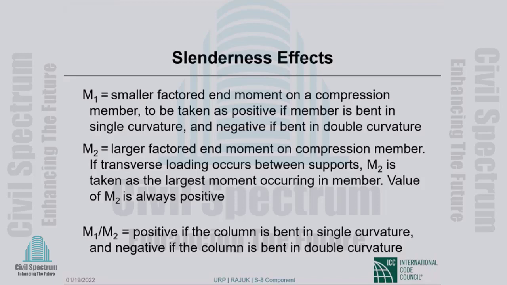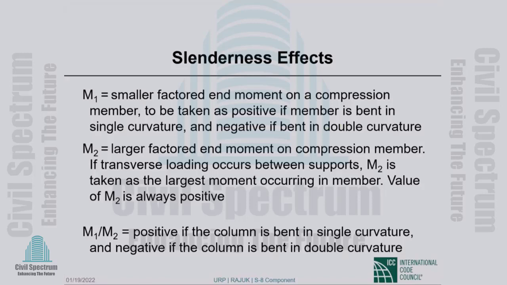Value of M sub 2 is always positive. So M sub 1 is negative when the column bends in double curvature, positive when it bends in single curvature. M sub 2 is always positive.